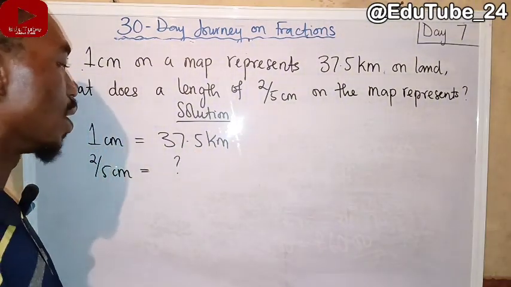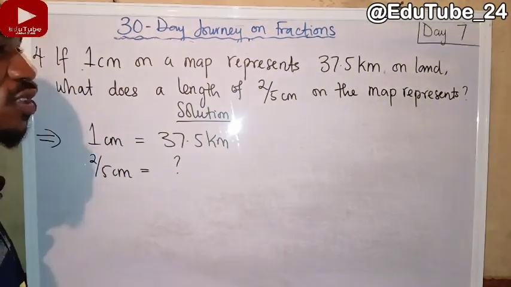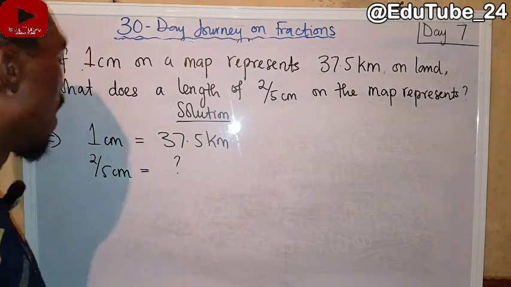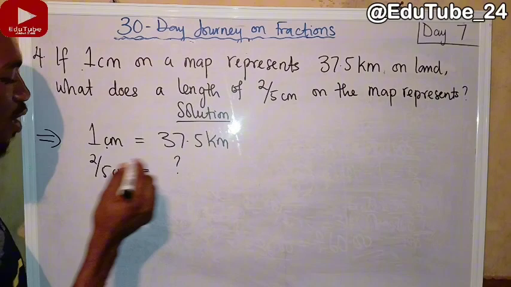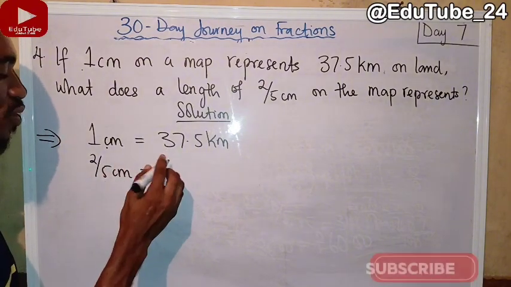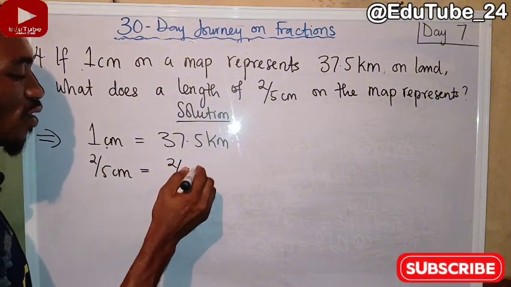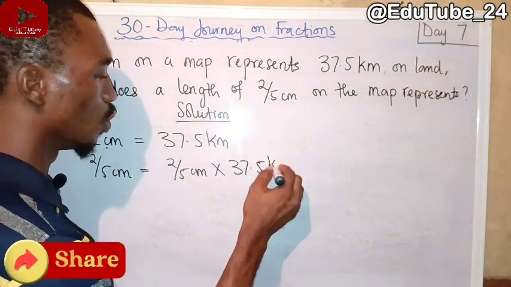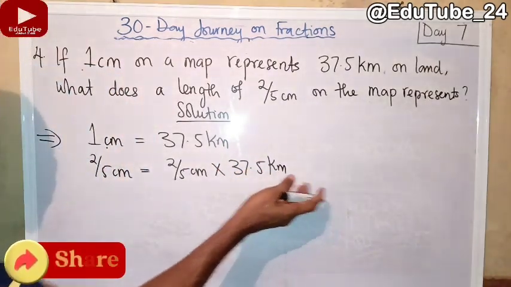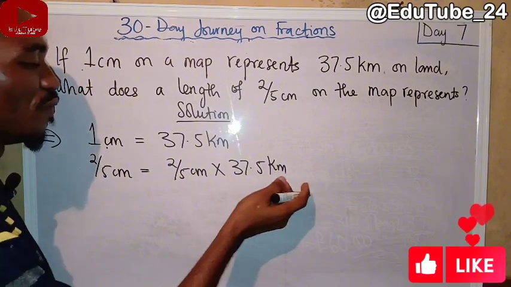So that's what I mean by multiplier effect. So one quantity having a multiplier effect on the other as they are increasing. So if 1 centimeter represents this, that means 2/5 centimeters represents 2/5 centimeters times 37.5 kilometers. Simple as that. But then this isn't our answer. We have to evaluate this.